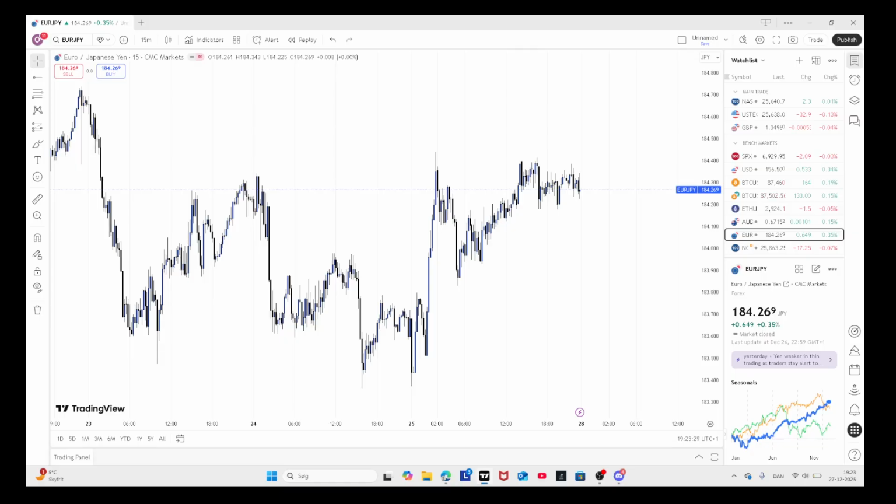When structure is messy, there's a bigger chance of fake breakouts happening, and probability drops. This is why sometimes your strategy works absolutely perfectly and other times it doesn't, even if you did everything right. It's not you, it's the structure.